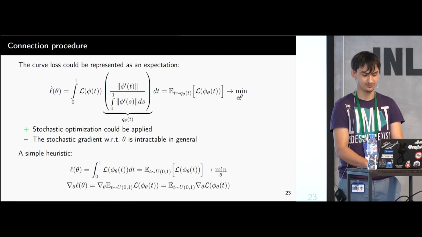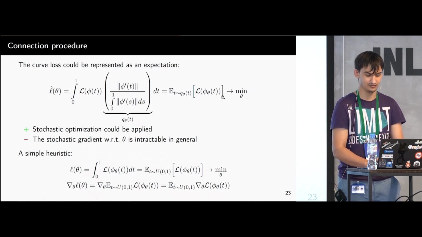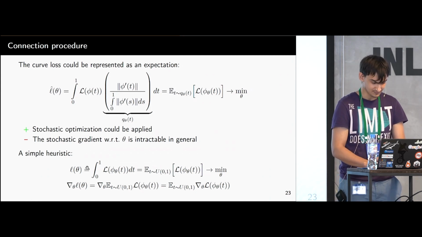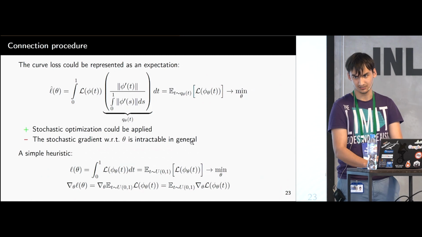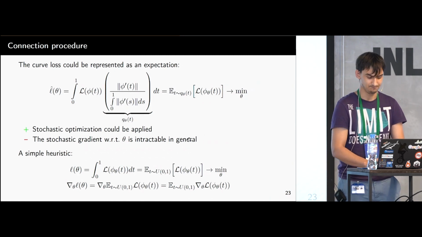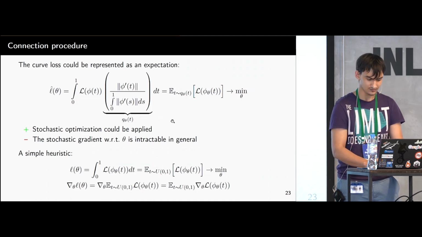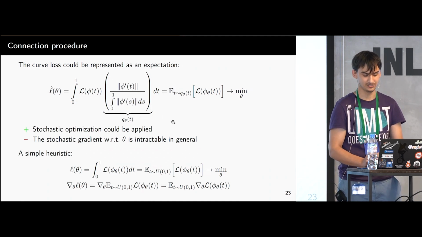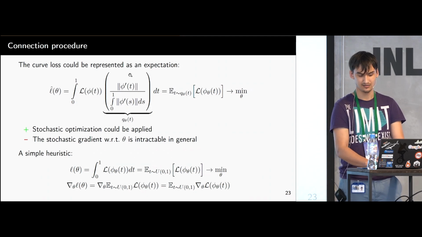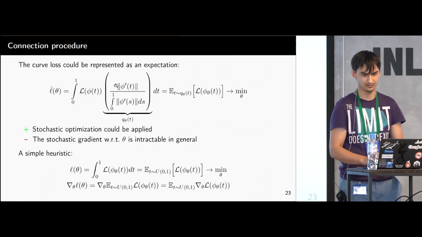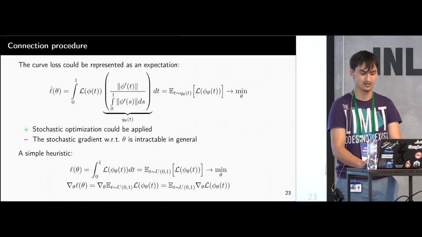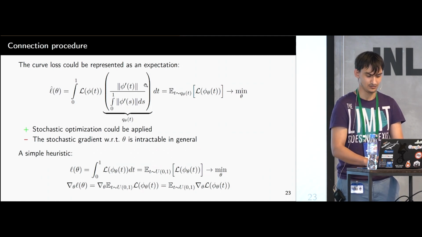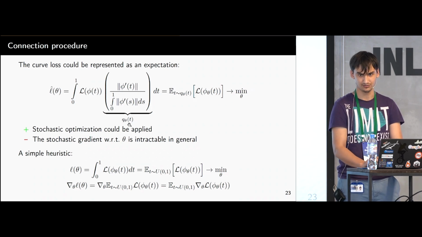However, the stochastic gradient with respect to theta is in general intractable, so it is not always possible, for example, to normalize this thing. So a simple heuristic can be used where you just use a uniform distribution in the t-space. In general, for very complex curve parameterizations, you would need to do something like the above, because a uniform distribution over t would not yield a uniform distribution over the curve.